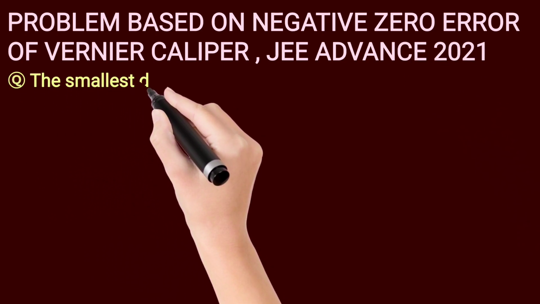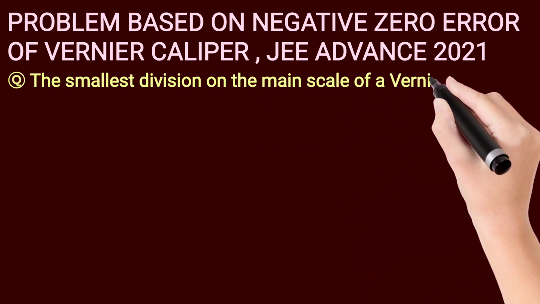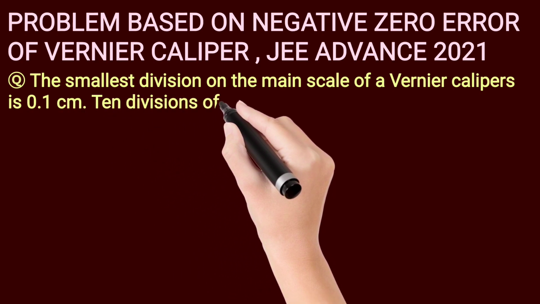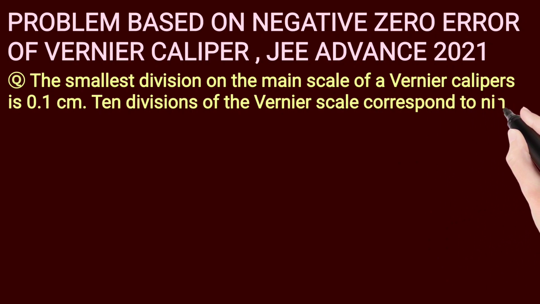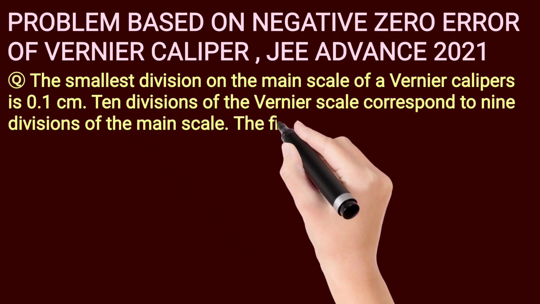The question is given: the smallest division on the main scale of a vernier caliper is 0.1 centimeter. 10 divisions of the vernier scale correspond to 9 divisions of the main scale.